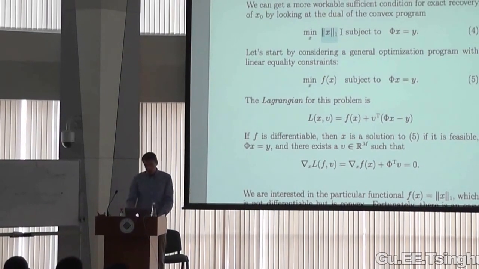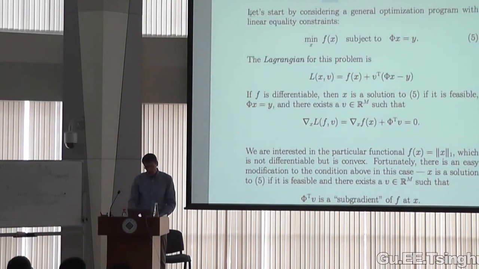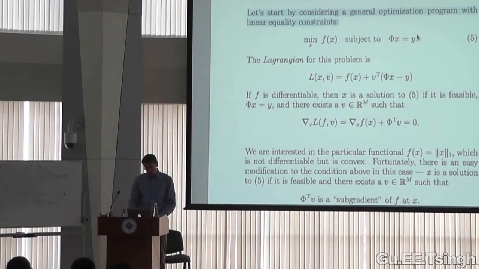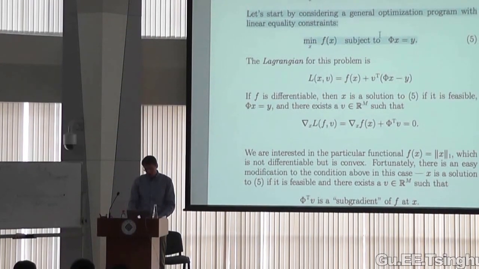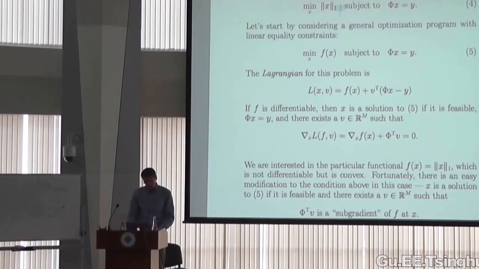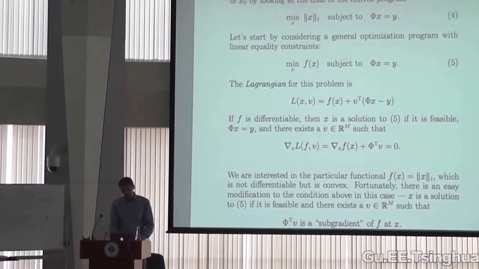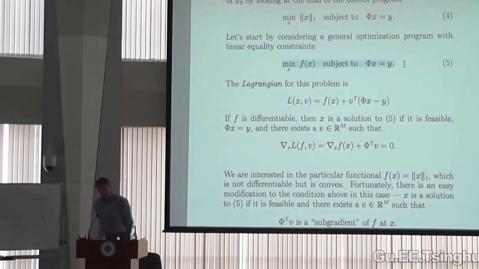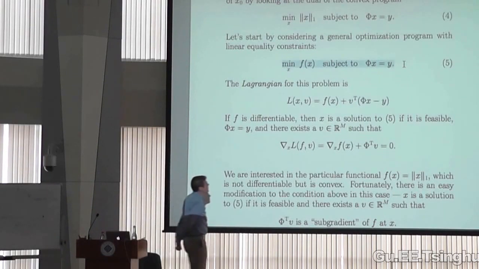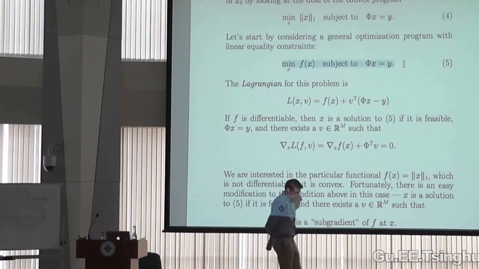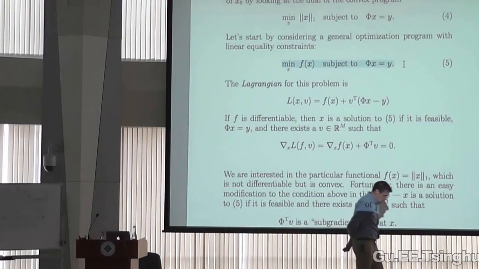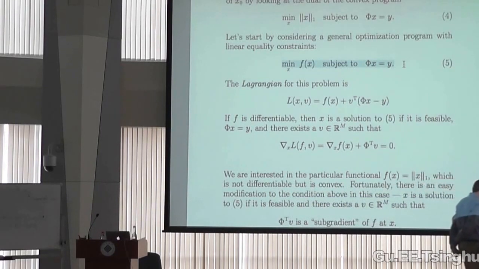So here's what you do. Here's a little tidbit from optimization. Let's forget about L1 for a second and say I just have a general optimization program with linear constraints. I give you some function f of x and say find the vector x which minimizes f of x, subject to the constraints where phi x equals y.